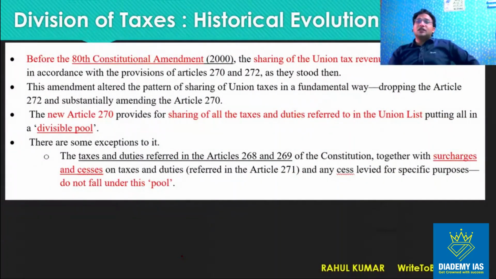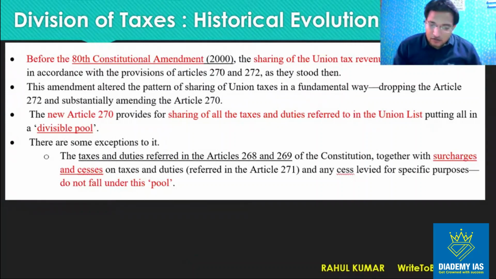This finance commission is actually working to divide such taxes which are in the union list and which need to be shared. Okay.